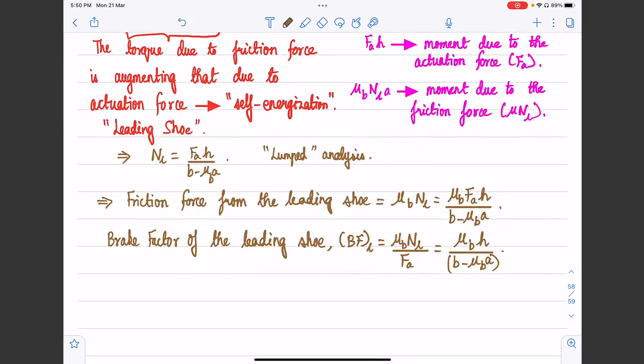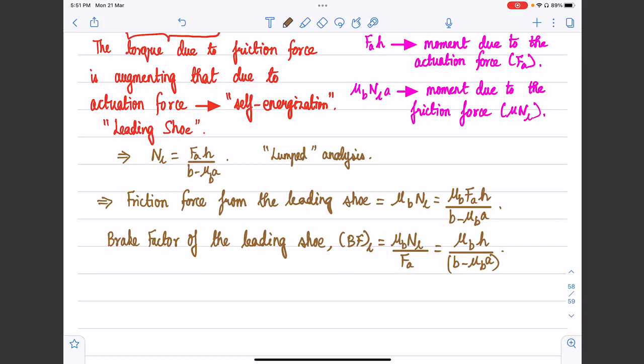We will start our next class with that discussion. Then we will figure out why we call these shoes the leading shoe and trailing shoe. What is leading and trailing about them? That will become clear in tomorrow's class. We will also learn why we use drum brakes and disc brakes the way we do, once we do that analysis.